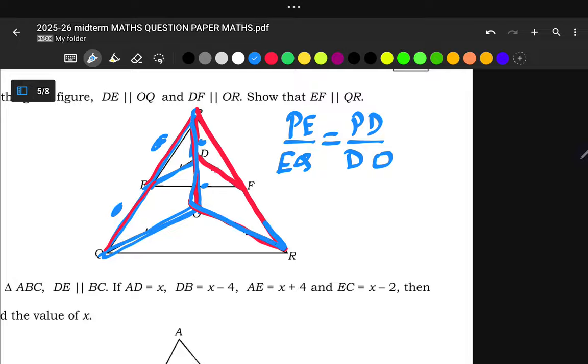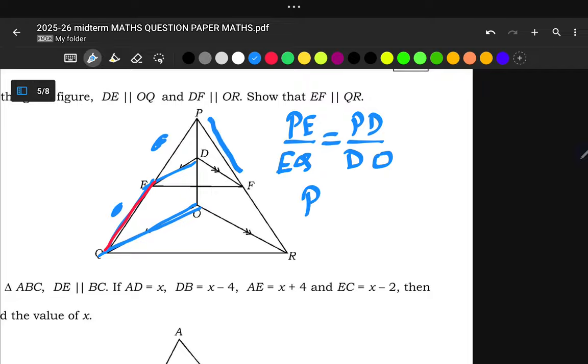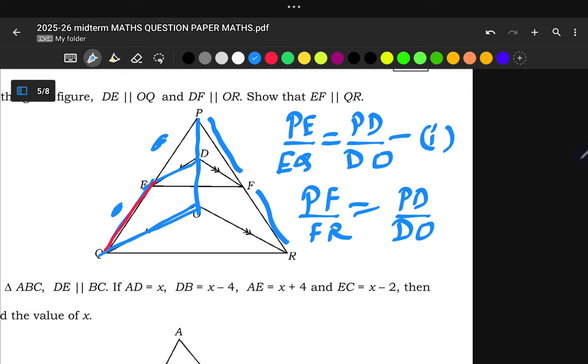The given ratio is PF upon FR, that is PF divided by FR, equal to PD upon DO. Again by Thales theorem, consider this as 1 and this as 2.